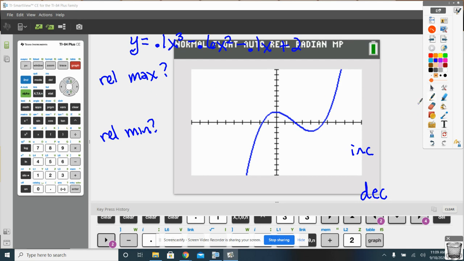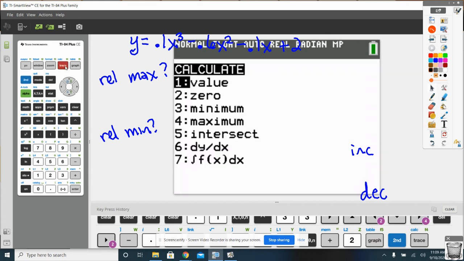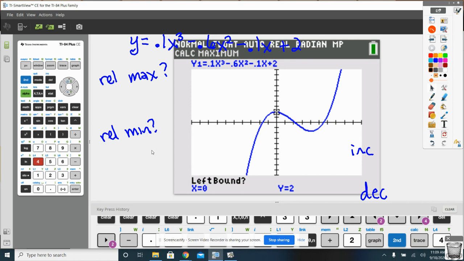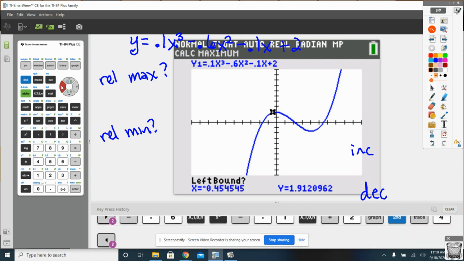So we're going to hit second calculate. Second trace is calculate, and you're looking for a maximum value. So that is 4. Now your calculator down here asks you for a left bound because your calculator is not smart. You need to tell it, hey, where do you want me to start looking? Because it would look forever and graphs go forever, so it never knows when to stop. So you go to the left of where you're looking and you hit enter.